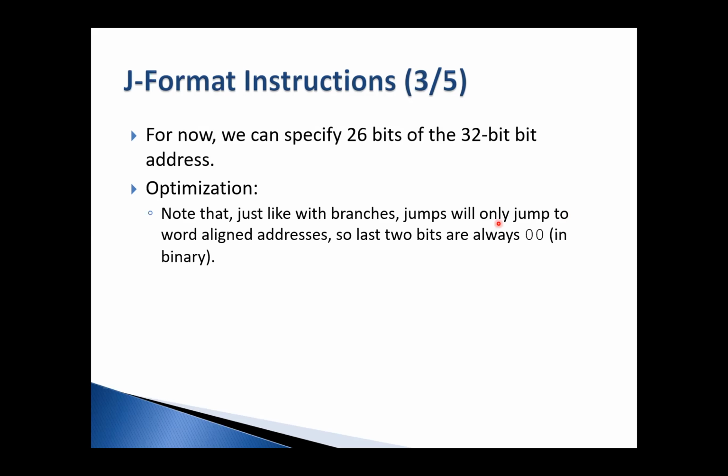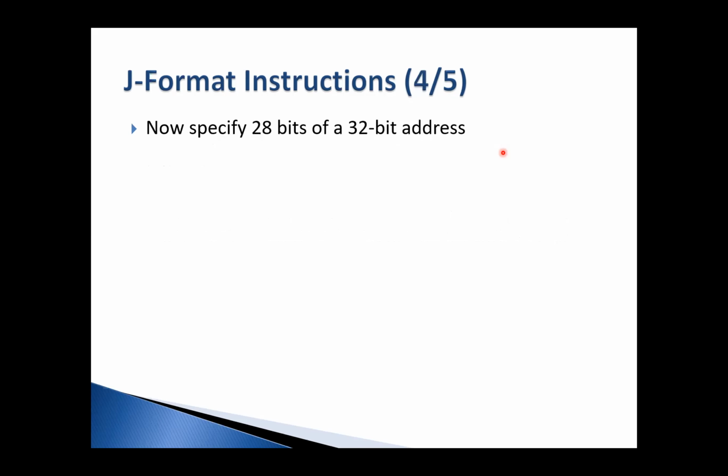Because of that, we can save 2 bits from these 32 bits. So we can remove these 2 bits because they're redundant. We don't need to know that. So in a sense, we can specify 28 bits of the 32 bits. But the thing is, what about the missing 4 bits?